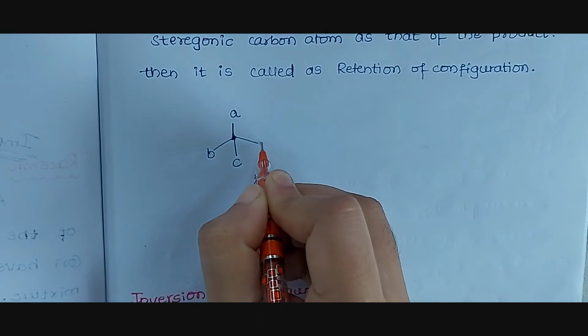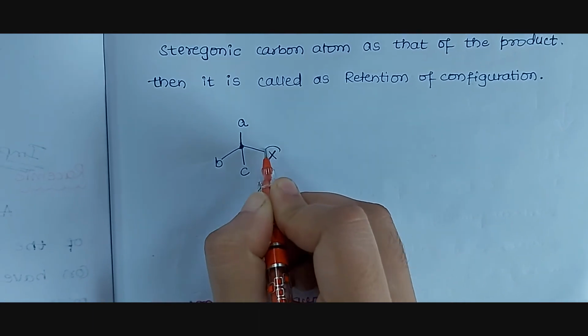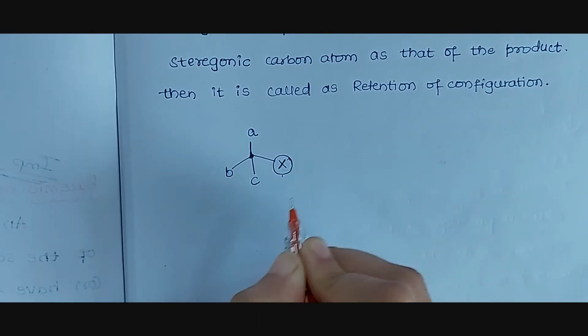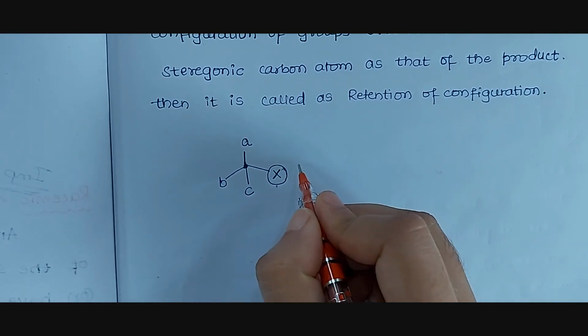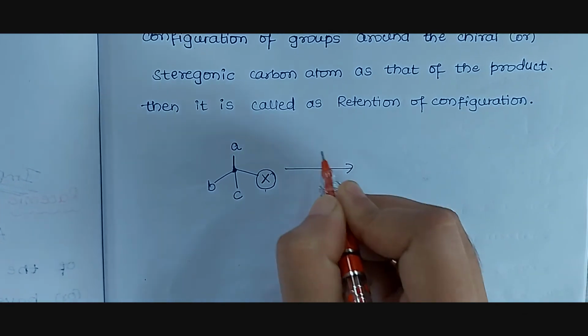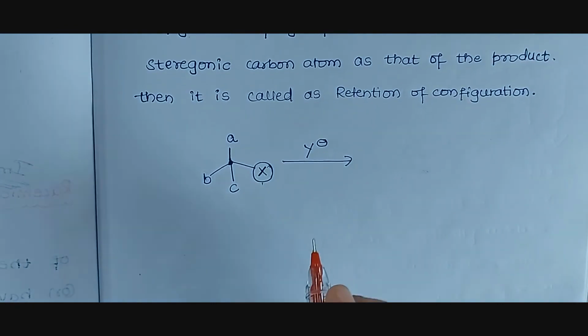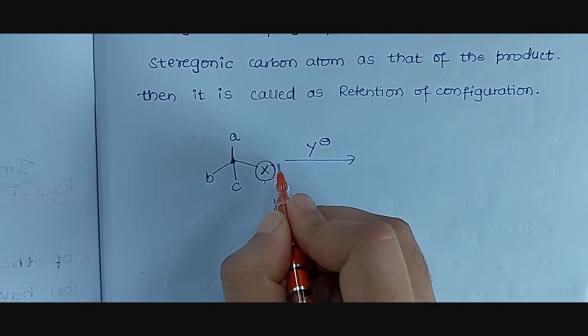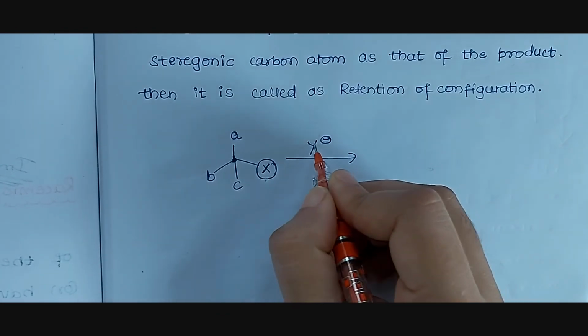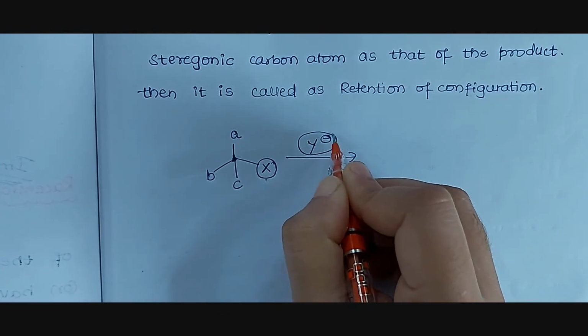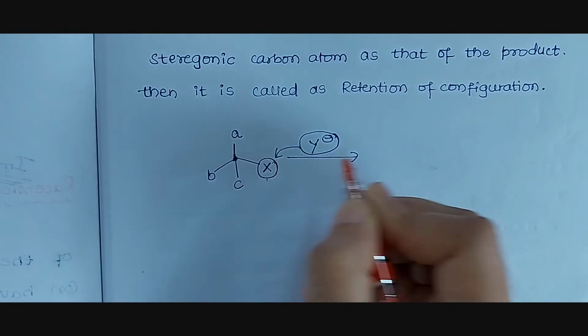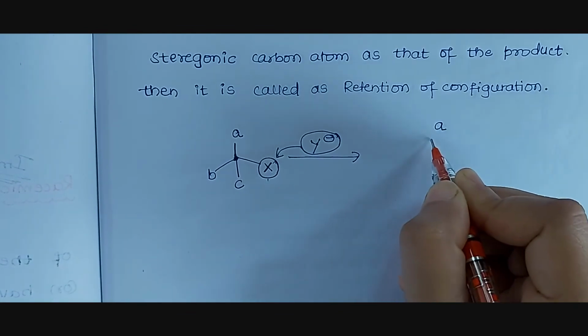So A, B, C and X. We'll consider X as our nucleophile which has to be exchanged. So we'll consider the reaction with another nucleophile. If the nucleophilic substitution takes place in such a way that another nucleophile occupies the same position as the nucleophile of the reactant, so if Y goes in the place of X, what will the product be?